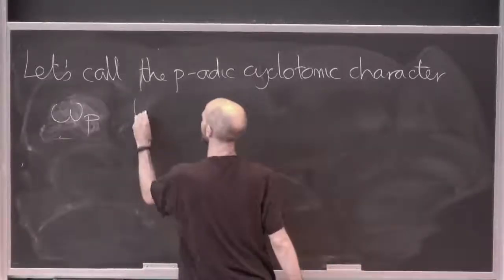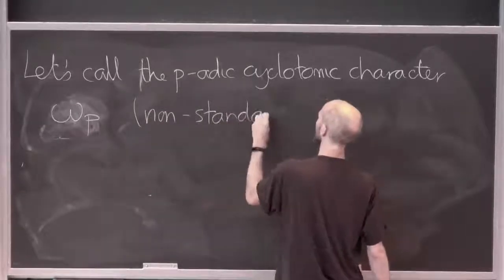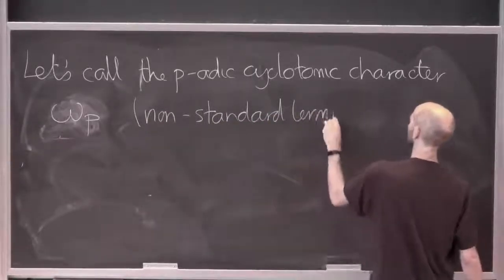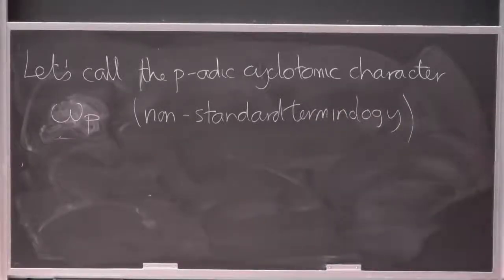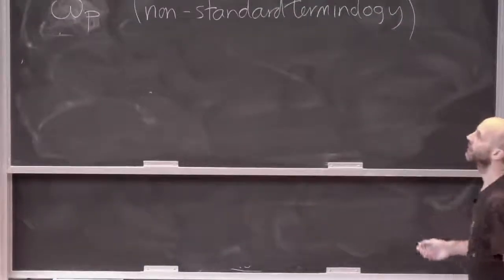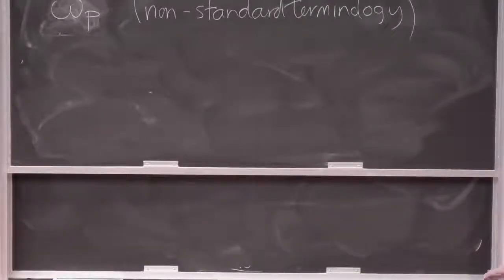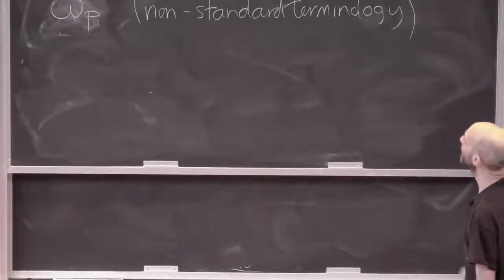This is non-standard terminology, but it just works for me. The cyclotomic character is often called chi, but I'm going to spend most of the next lecture going on about random characters chi, none of which will be the cyclotomic character in general. I need chi to be a variable later, so I want to stay away from chi. So let's call it omega p.